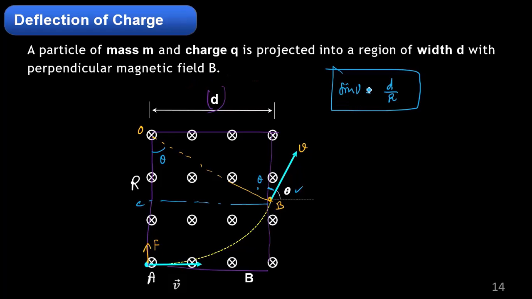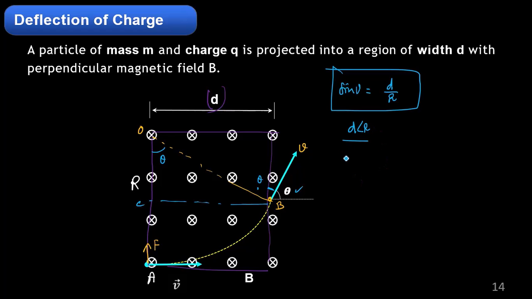So sin theta equals d by R. This expression is only valid whenever the d value is less than R. What is d? d is the width of the magnetic field. So there is a certain region inside which a magnetic field is created whose width is small d, and if the particle is projected such that the capital R is more than d, then only the particle will come out.